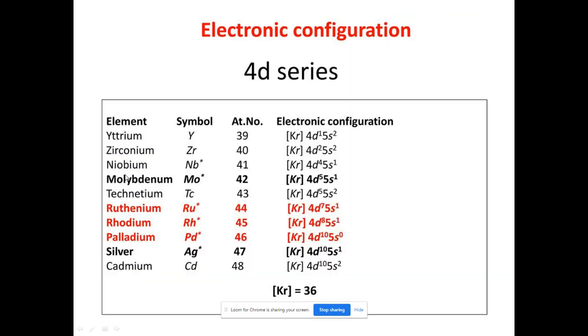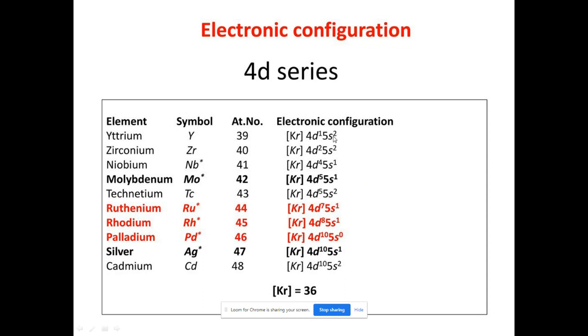Now let's look into the electronic configuration of the 4d series. The first element of the 4d series is yttrium with the symbol Y, atomic number 39. Here I am writing the outer shell configuration: krypton 4d1 5s2.